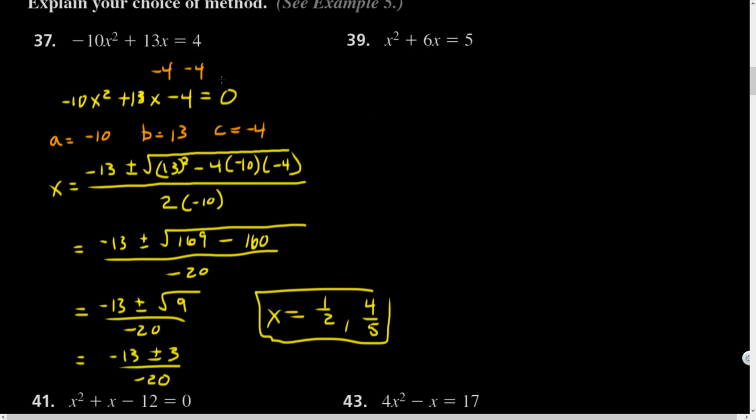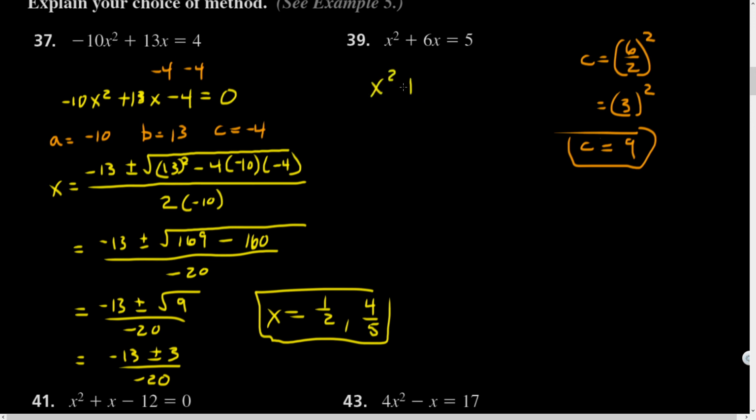So let's do this. Find a new C term. So new C is equal to b divided by 2 all squared, which equals 3 all squared. And I told you this was a good last lesson because it ends up reviewing the whole chapter for us, really. So I'll add 9 to both sides. So x squared plus 6x plus 9 is going to equal 5 plus 9.